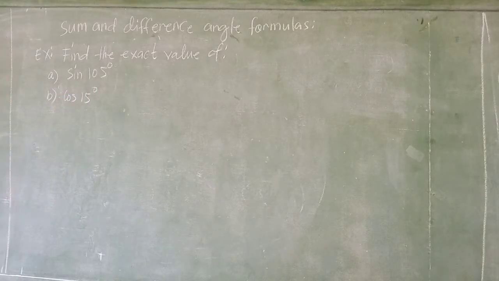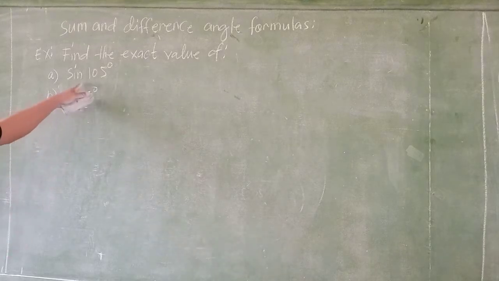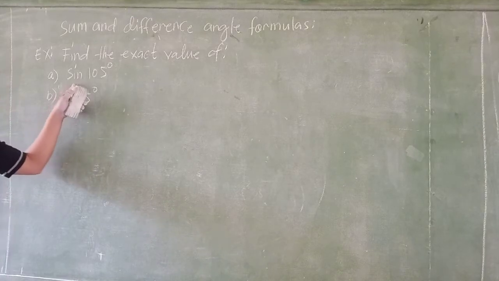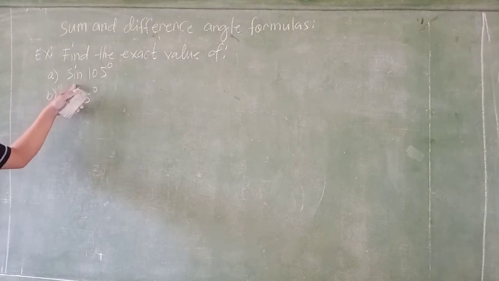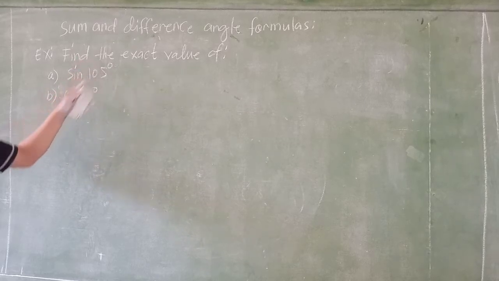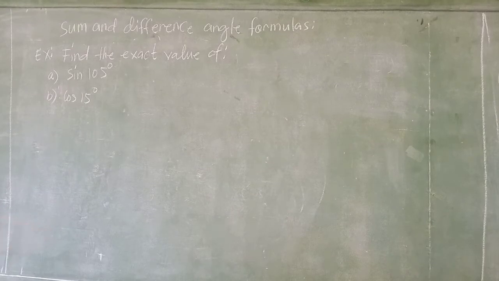So let us have first letter A. We want to identify the exact value of sine of 105 degrees. To identify the exact value, we will be using the formula for the sum, no? Kaya pwede mo ito makikita mo ka-angle kay plus na ito mahimo 105 degrees.